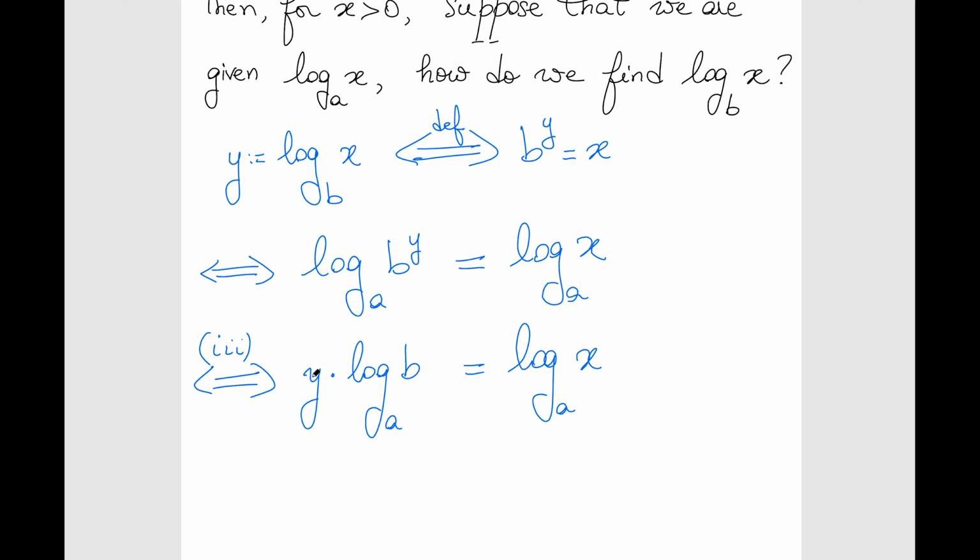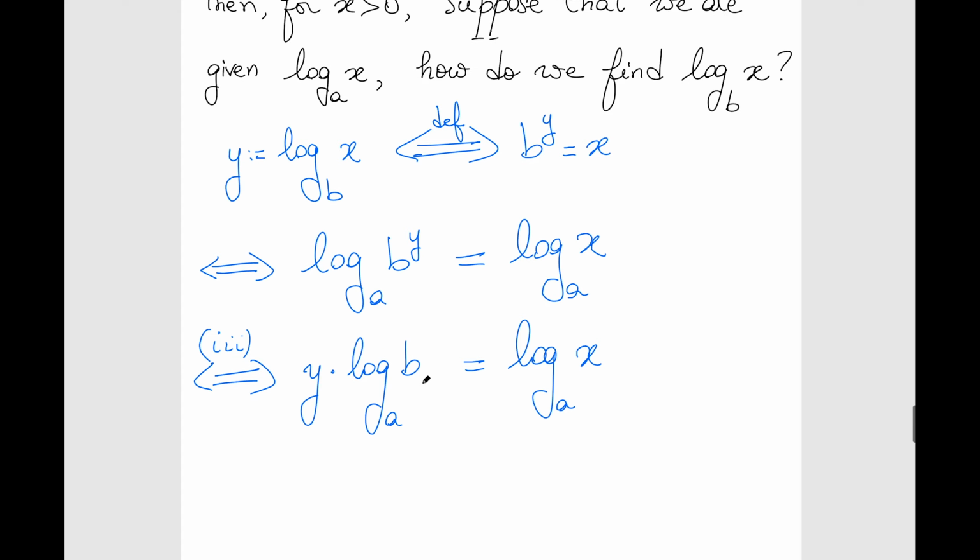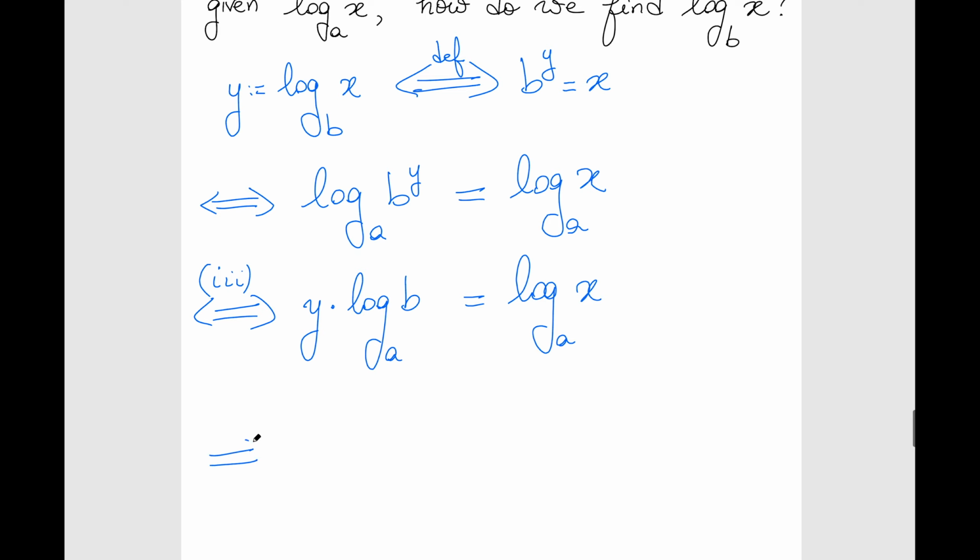And look at the other terms in this equation. You see this term here? This is log base a, and this is log base a, right? So far it looks good. To solve for y, now it suffices to divide by this entity. So it suffices to divide by what?